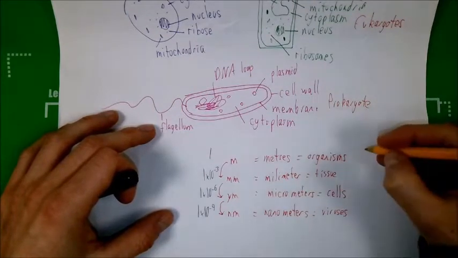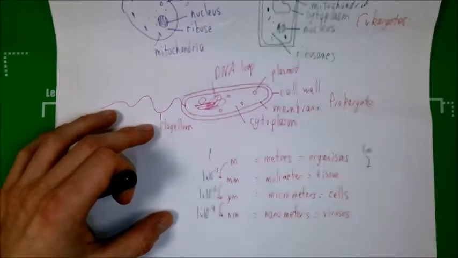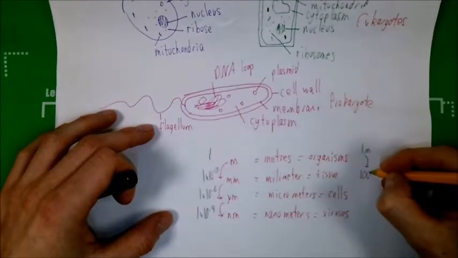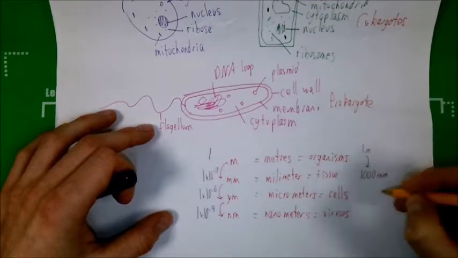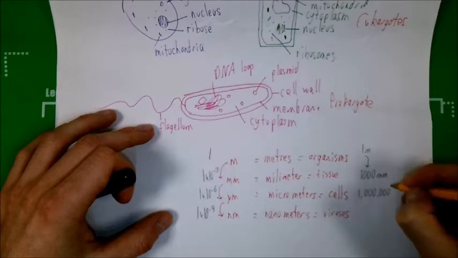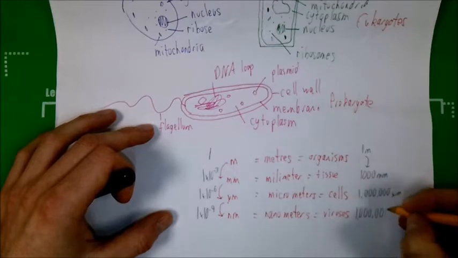If we have 1 metre and we make it into smaller units, we times it by 1,000. So 1 metre is 1,000 millimetres, 1,000,000 micrometers, and 1,000 million nanometers, or 1 trillion nanometers.